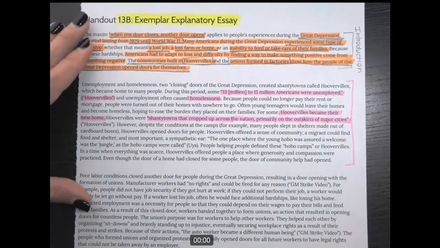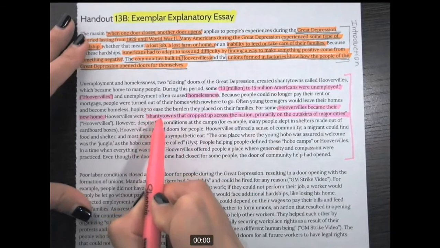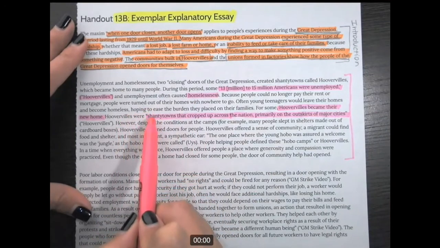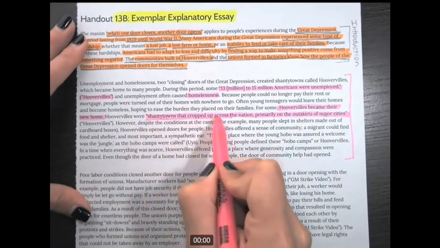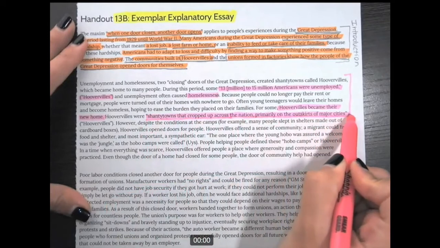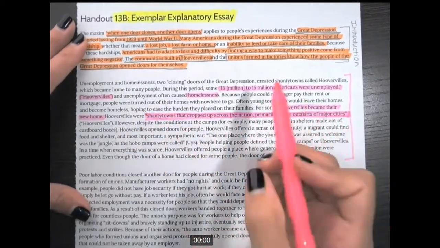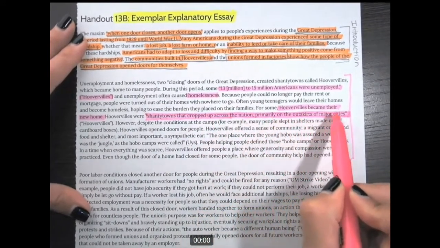So in that sentence, boys and girls, the one that I just read, this is another piece of our evidence about what a Hooverville was. This is coming from an article, right? So this is evidence coming from a different source that we are using. So, shanty towns that cropped up primarily on the outskirts of major cities.